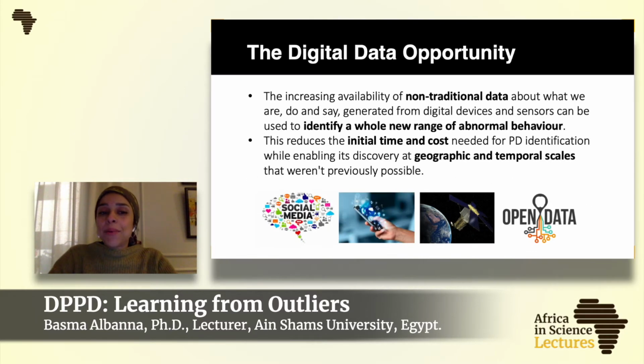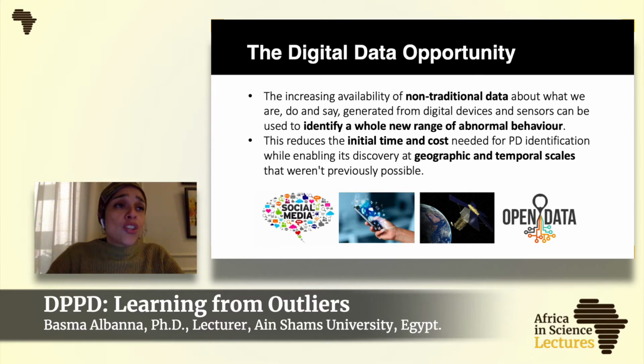So what is the data-powered positive deviance then? And how is it different than the positive deviance approach? The data-powered positive deviance builds on the positive deviance approach, but the innovation here comes in the use of non-traditional data. The increasing availability of non-traditional data about what we do and say, generated from digital devices and sensors, can be used to identify a whole new range of abnormal behavior.